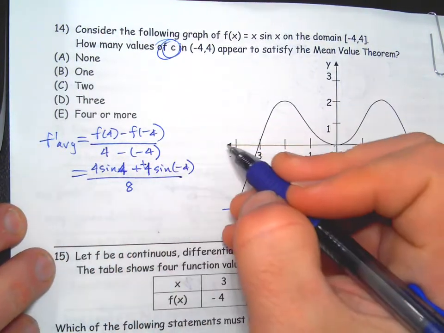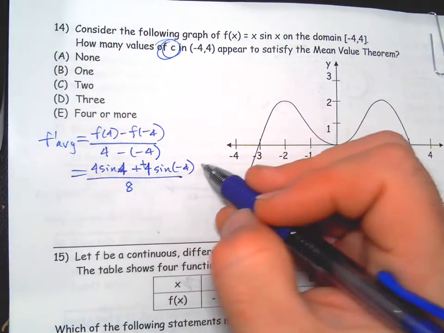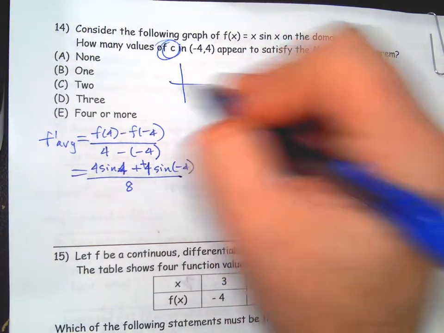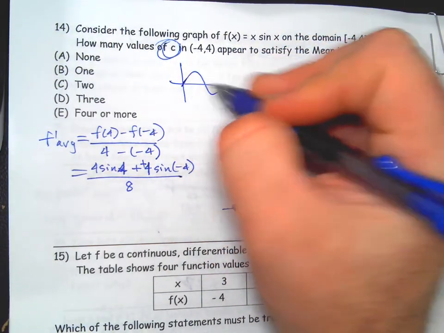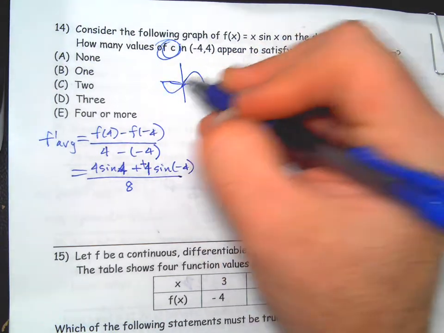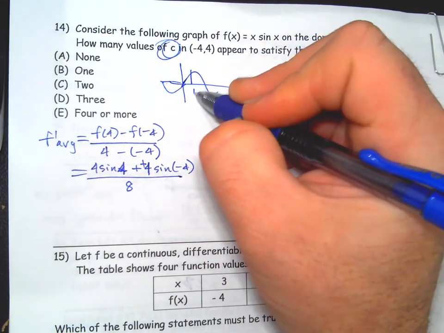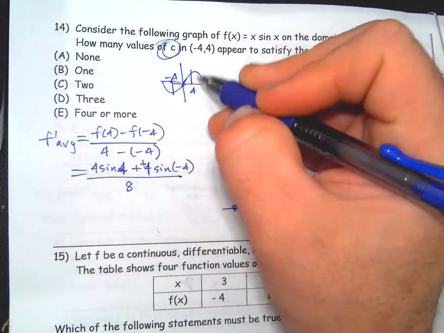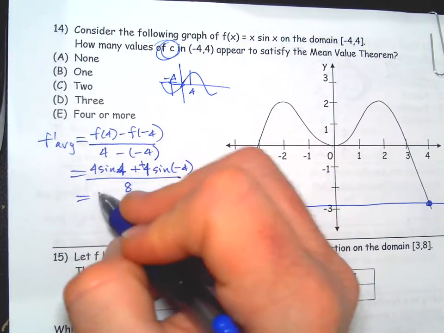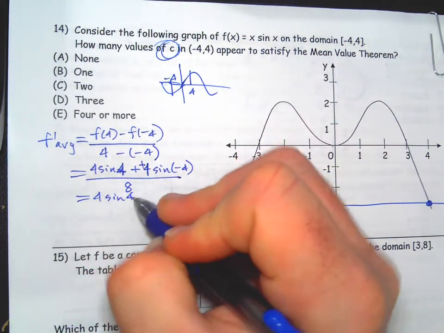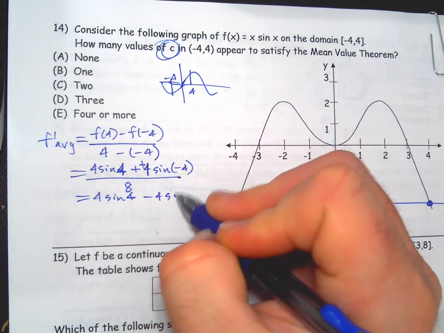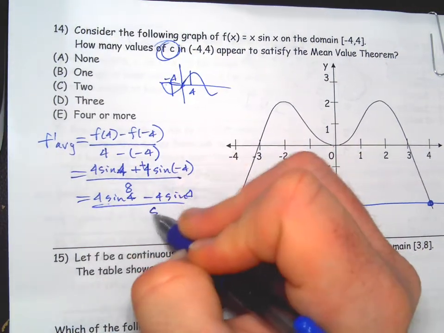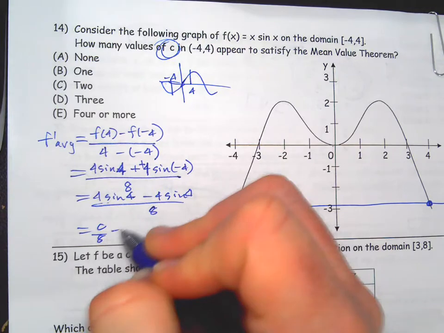Now, sine negative 4, you guys know the sine function. It's an odd function, so when you plug in 4, you get the same answer as when you plug in negative 4, but it's going to be opposite. So this is going to be 4 sine 4 minus 4 sine 4, which is going to give you 0 over 8, which is 0.